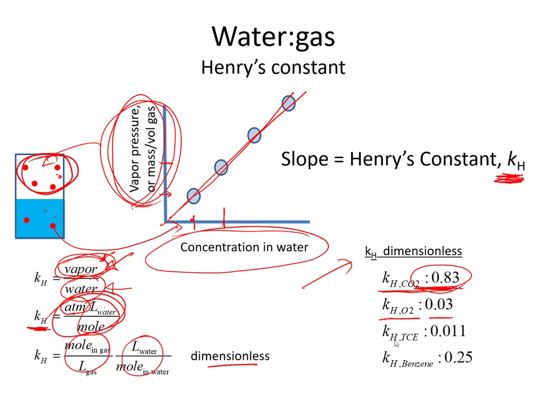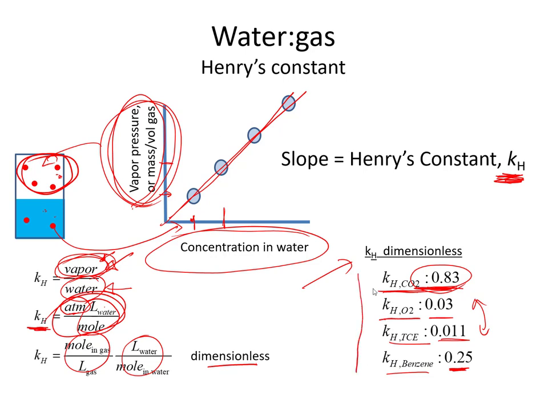TC is about 1% by mole, and benzene here is about a quarter. So this is a good bit higher than these other two.